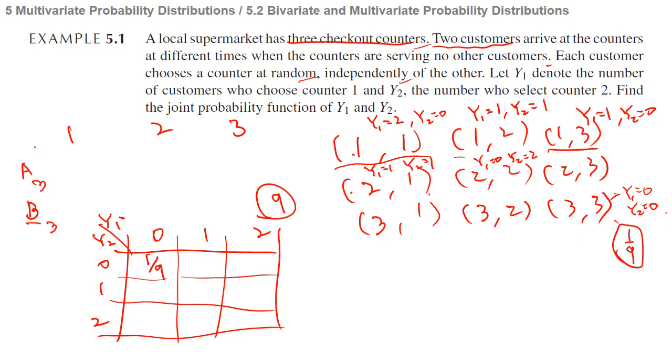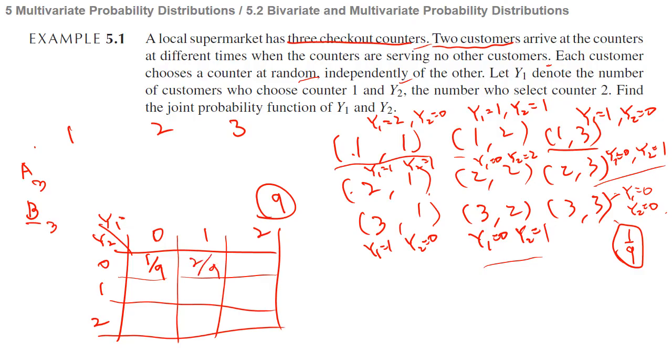For this one, y1 is 0, y2 is 1. For this one, y1 is 1, y2 is 0, y1 is 0, y2 is 1. So for 0, 1, here we have 0, 1. Here we have another 0, 1. So 2 over 9 here.